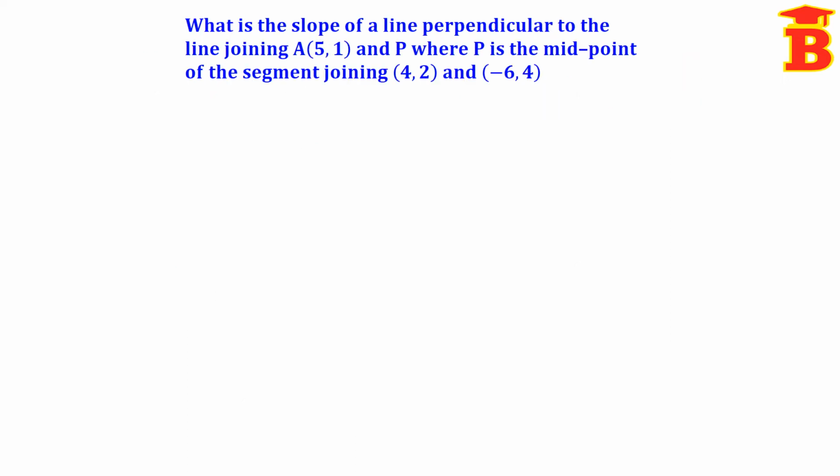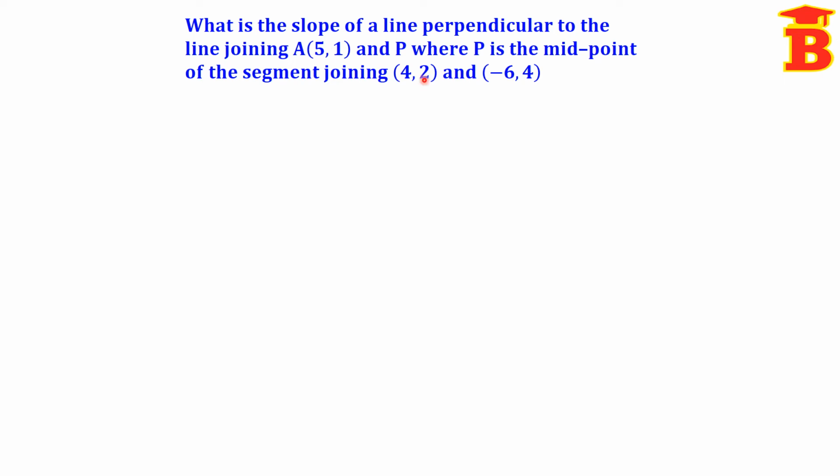Next problem, what is the slope of a line perpendicular to the line joining A 5, 1 and P, where P is the midpoint of the segment joining 4, 2 and minus 6, 4. So one point is given already.